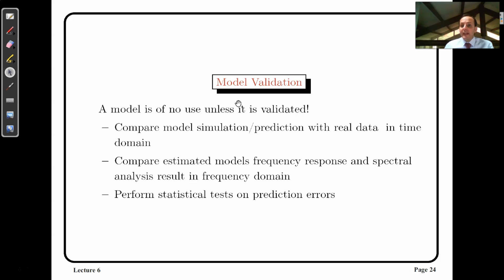The model validation is another important step. As is indicated here, a model is of no use unless it's validated. So it's important. We will see some examples when I show you the system identification toolbox. Normally you are comparing in order to understand if your model is able to describe your real data.